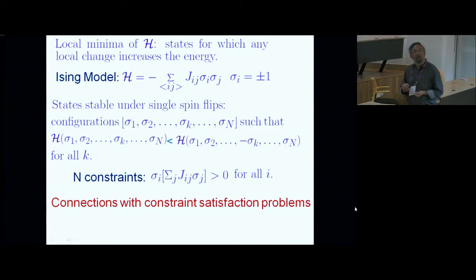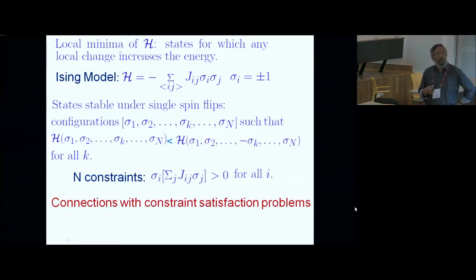So here we are talking about not the global minimum. Global minimum is where you find the values of the sigmas for which the energy has the smallest possible value. But here, one is not demanding this, one is demanding that if I flip any spin, then the energy will go up. So that particular configuration, for which this is true, will be called a local minimum or single flip stable state.